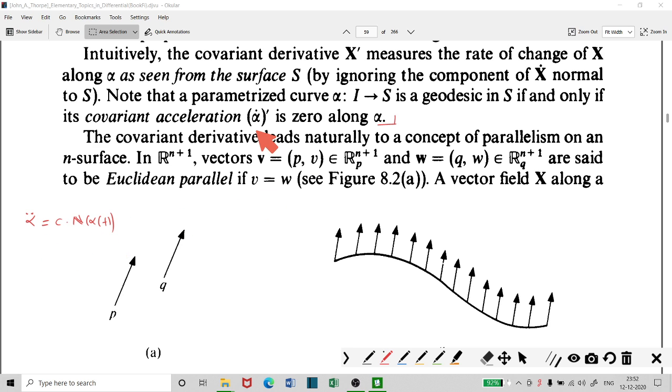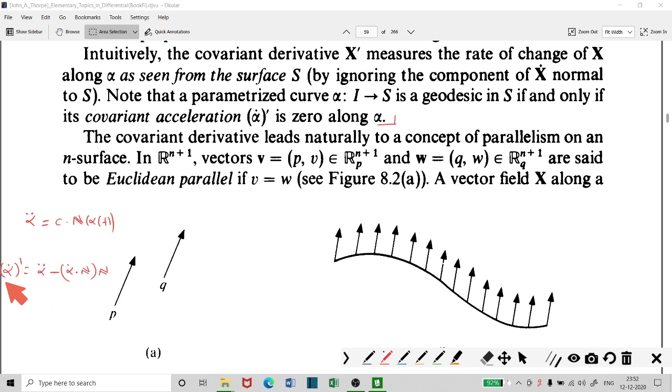When you consider the covariant derivative of alpha dot, it is defined as the usual derivative of alpha dot minus the normal component of alpha dot in the normal direction. That is obtained by taking the dot product with n of alpha and multiplying by this n again.